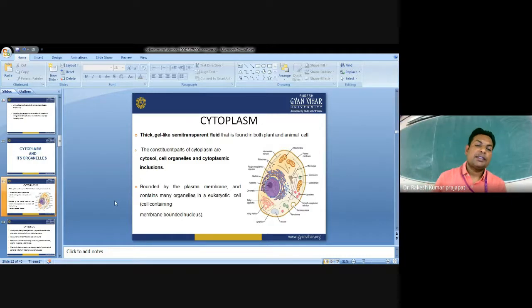In eukaryotic cells, the cell contains a membrane-bound nucleus. The boundary of the cytoplasm is made by the plasma membrane.